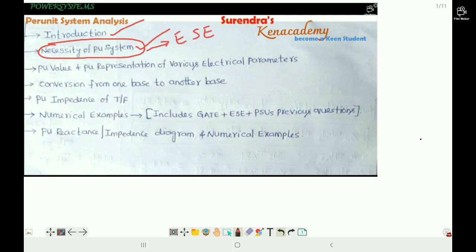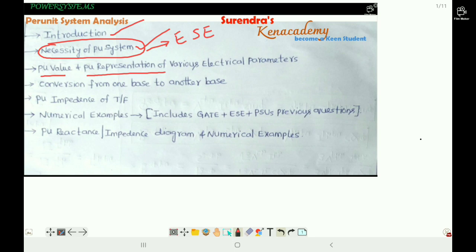After that, I will explain what is the exact definition of Perunit value, then how to represent various electrical parameters in per unit, both in single phase and three phase.